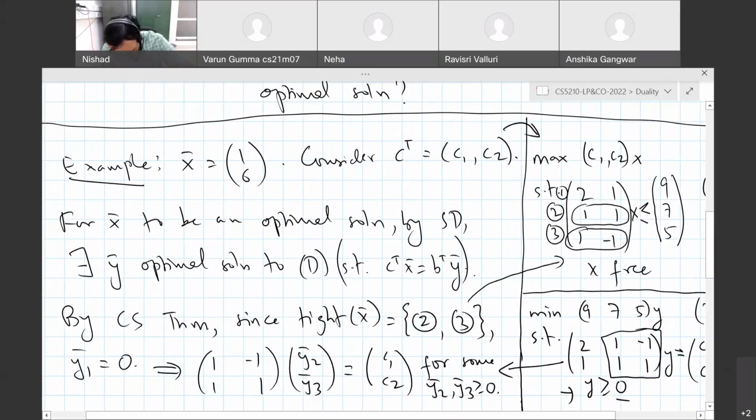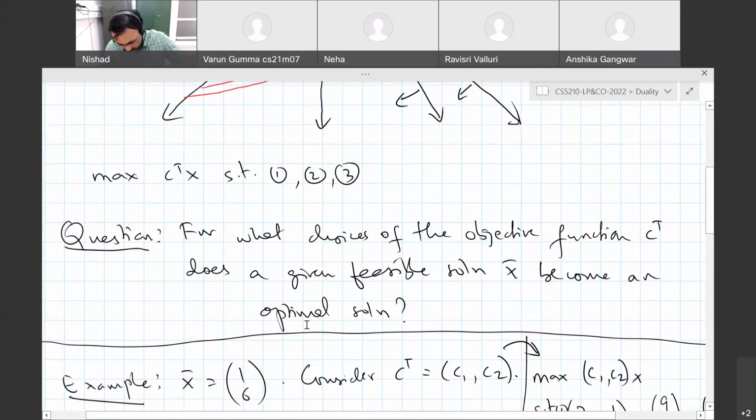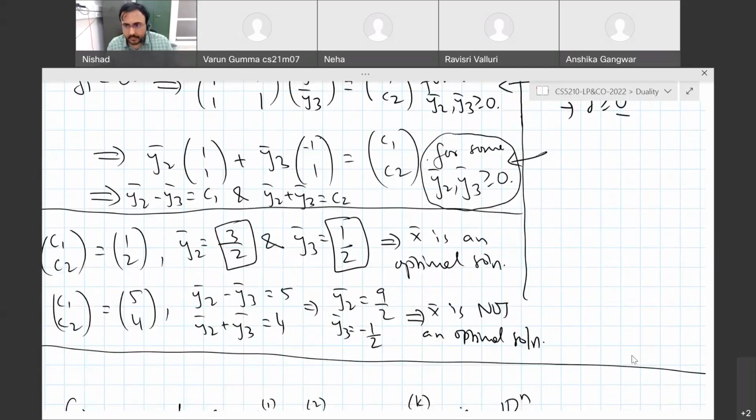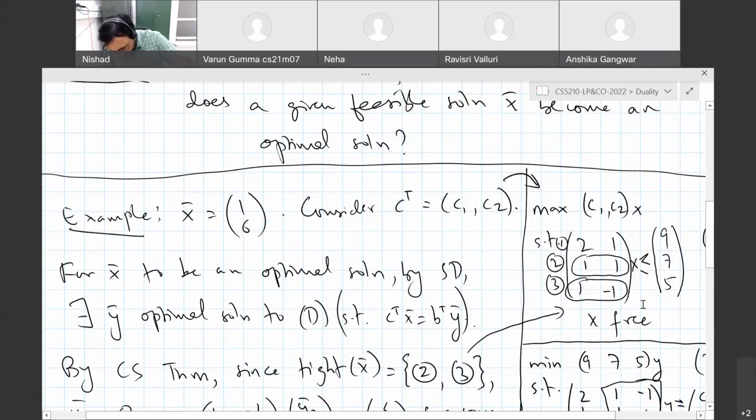I think there is some error here. So what were our constraints? 2, 1, 1, 1, and minus 1, 1. Sorry. Yeah, this is a minus 1 and this is a 1. Okay. Right?